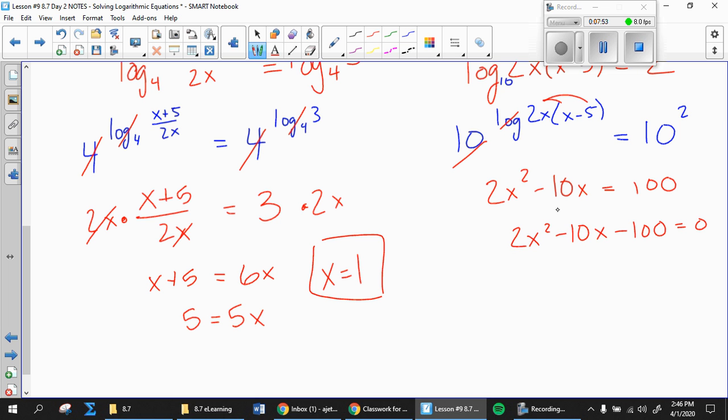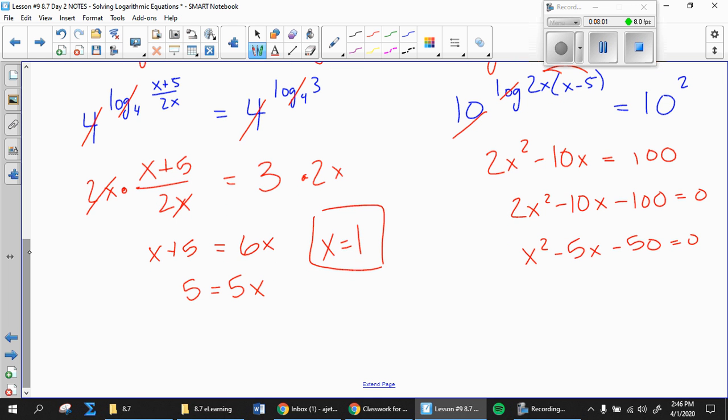We have a GCF of 2 here, so I'm going to go ahead and pull that out. And now we see if we can factor that. So we can. x minus 10, x plus 5. And so that's going to solve out to x equals 10, x equals negative 5.